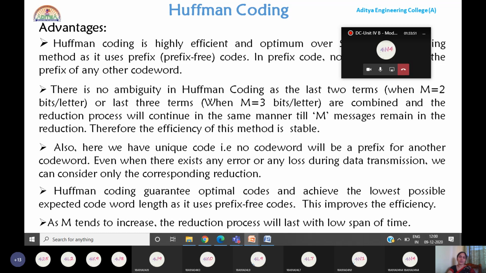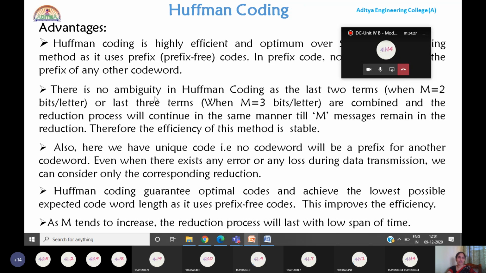If so, we can improve the efficiency, because in the code efficiency expression you can see it is H(X) by L into log m base 2. So our efficiency is inversely proportional to the length. Because it uses prefix-free codes, we can say that L is minimum. So we can guarantee optimal code and good efficiency by using Huffman coding method. Okay, as m tends to increase, the reduction process will last a low span of time. That is the advantage for Huffman coding.